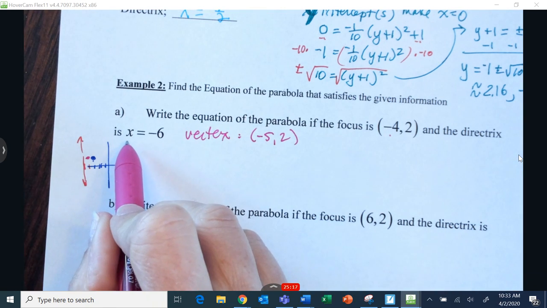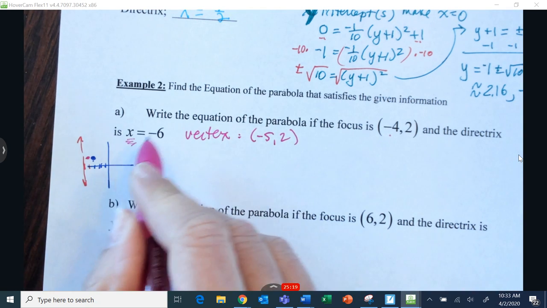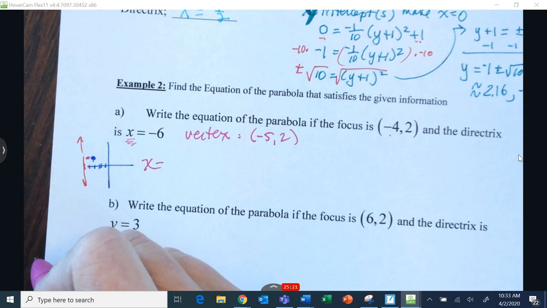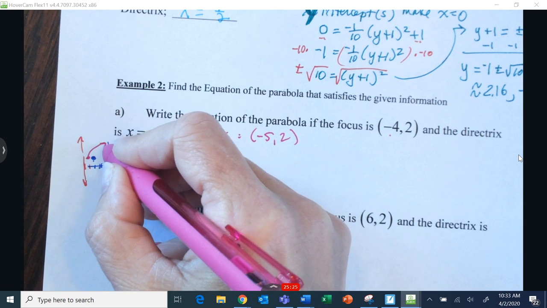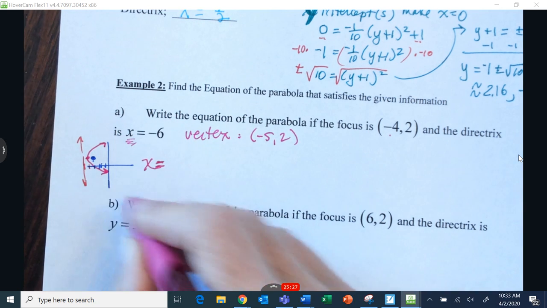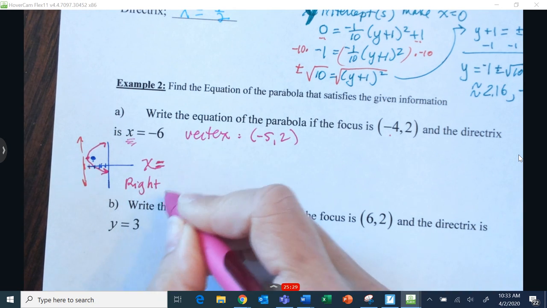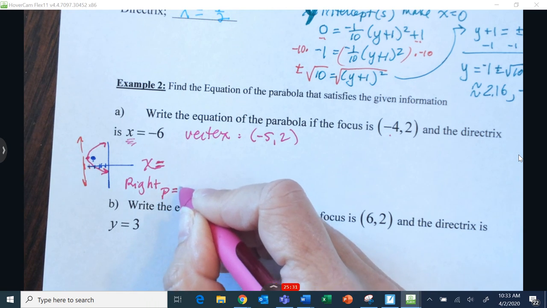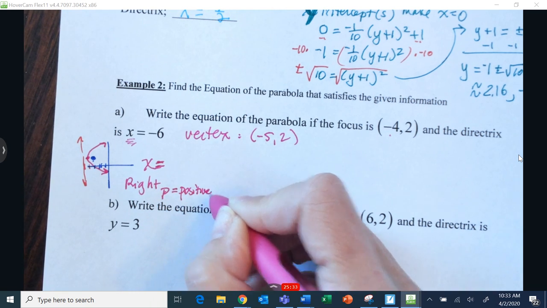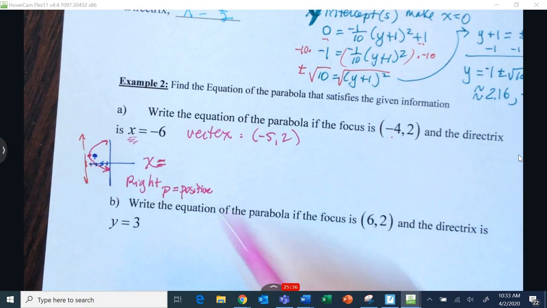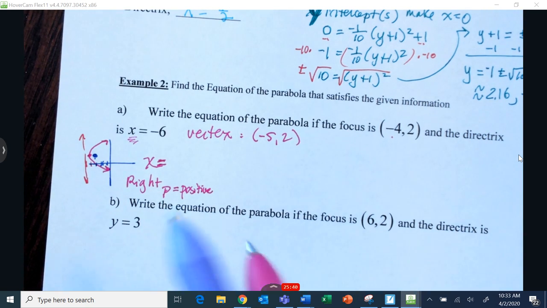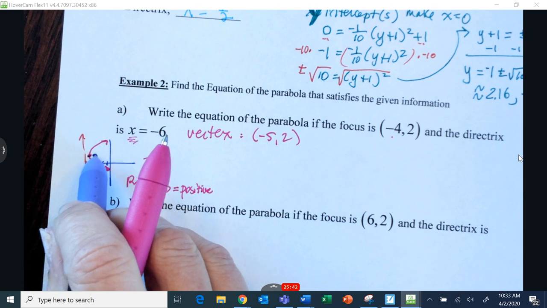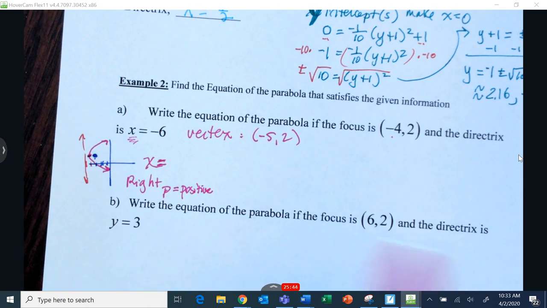I also know that the directrix is x equals, so my equation is going to be x equals when I'm done. And by the picture, I should be able to tell that it opens to the right, so the p-value is going to be positive. What is the p-value though? The p-value is the difference between the vertex and the focus.